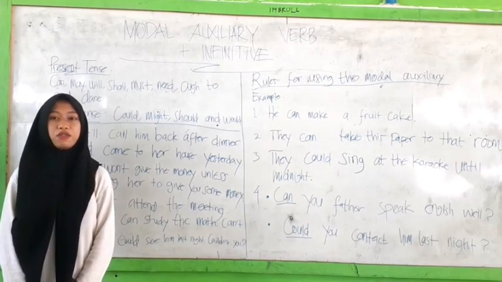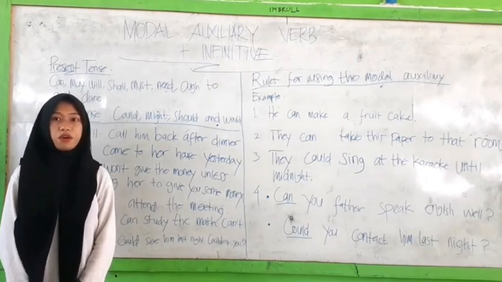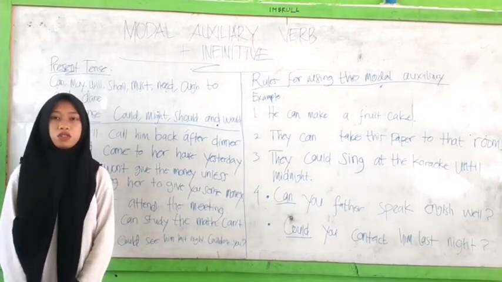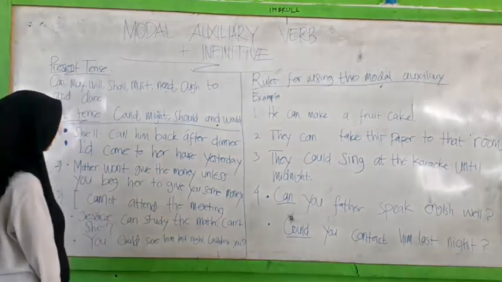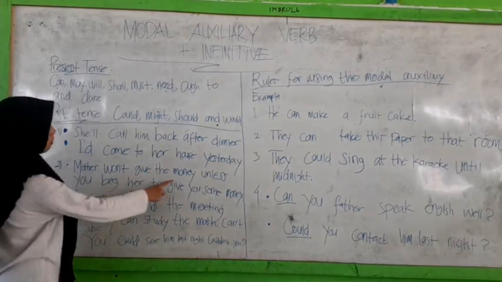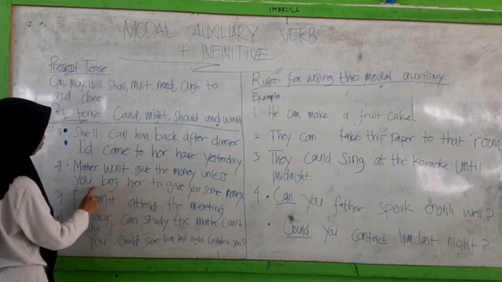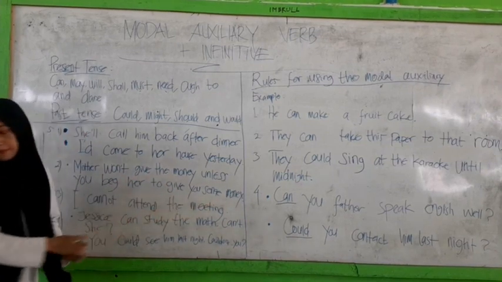If shall not and will not are written in a short form, it will be shan't and won't. Example, mother won't give the money unless you beg her to give you some money.